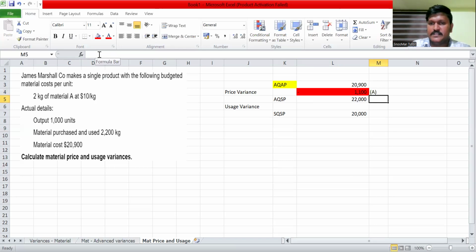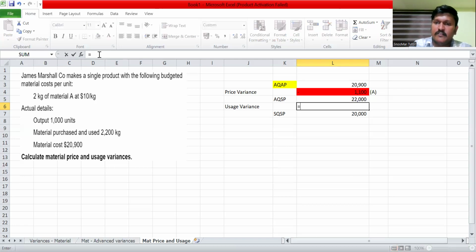It's an adverse variance. Now coming towards the other one, 22,000 versus 20,000. What you have to consider here is the usage. We have to consider whether the standard usage was higher or the actual usage was higher. Herein, if the actual usage is much higher, again you will have a negative variance.